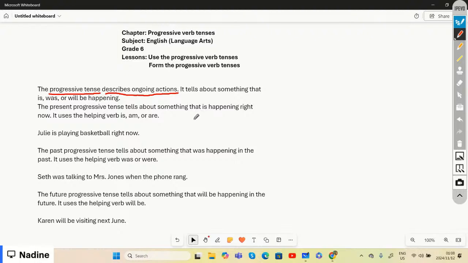It also tells us about something that is, something that was, or something that will be happening. When we say something that is, we're talking about now, in the present. Something that was, we're talking about in the past. And something that will be, that will be in the future.